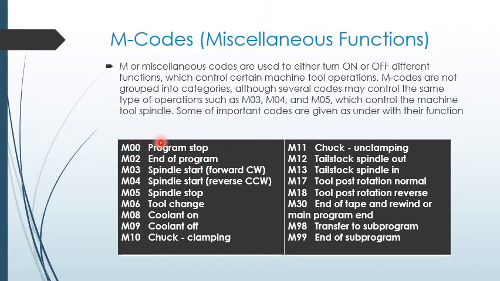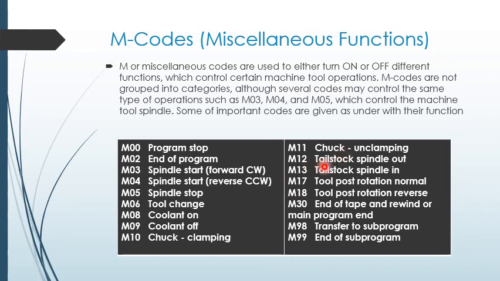M00 represents program stop, M02 end of program, M03 spindle start forward clockwise direction, M04 spindle start reverse counterclockwise direction, M05 spindle stop, M06 tool change, M08 coolant on, M09 coolant off, M10 chuck clamping, M11 chuck unclamping, for holding and releasing the workpiece or tool.